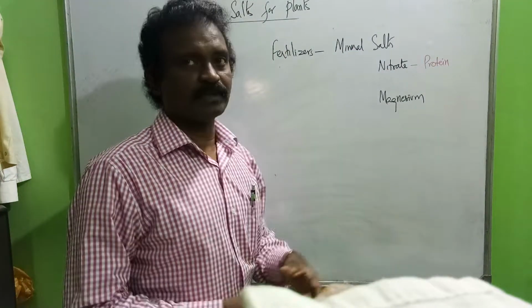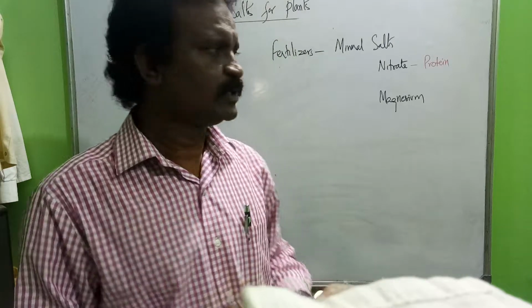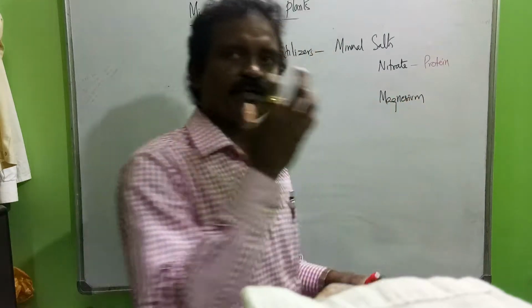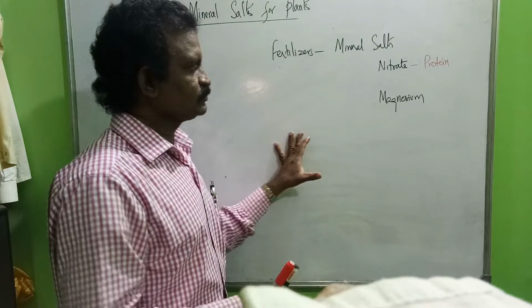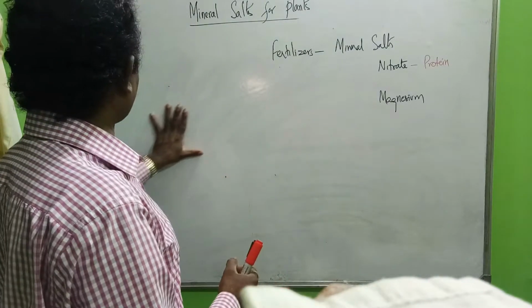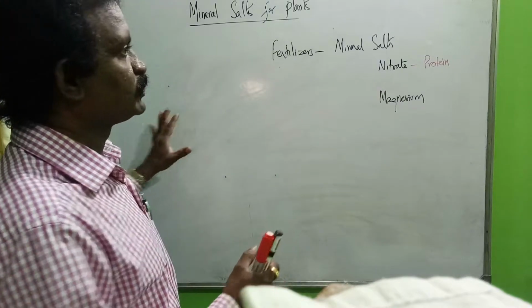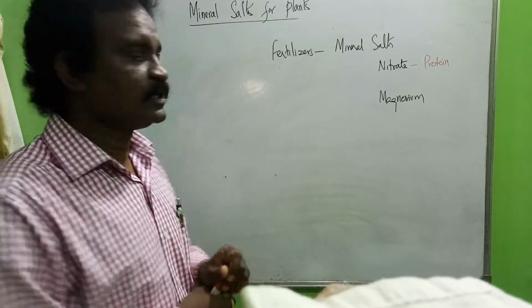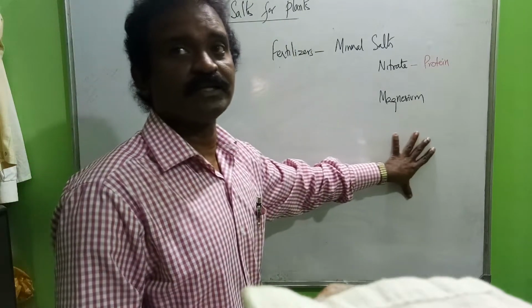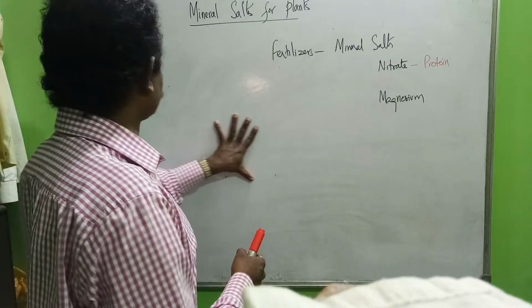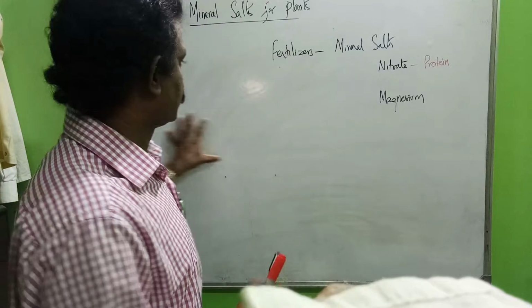Suppose he says, sir, I want to grow apple; then potassium should be more. If he wants to grow leafy vegetables like cabbage, nitrogen is required, nitrogen should be more in that soil.